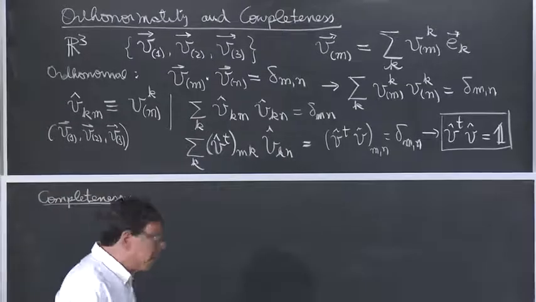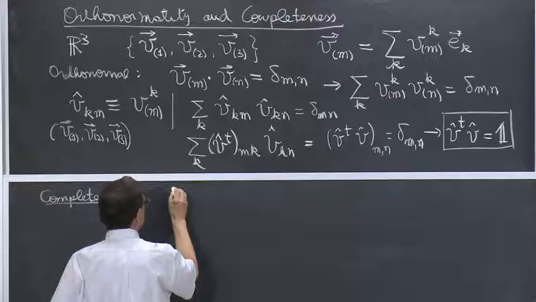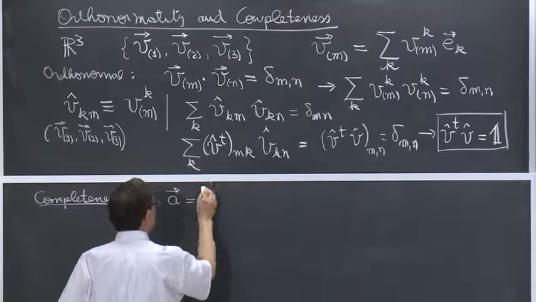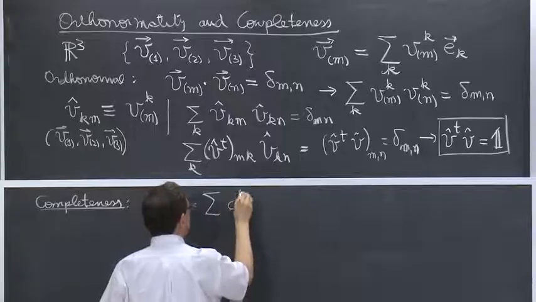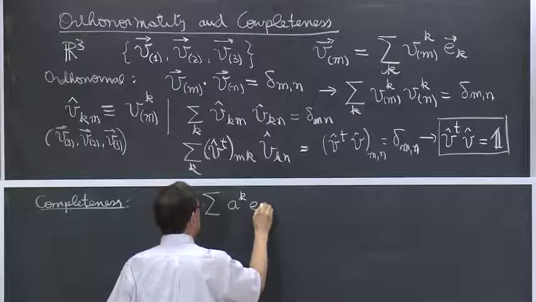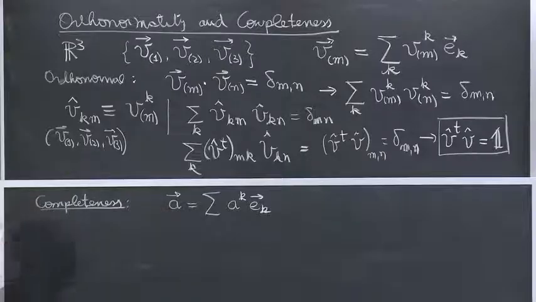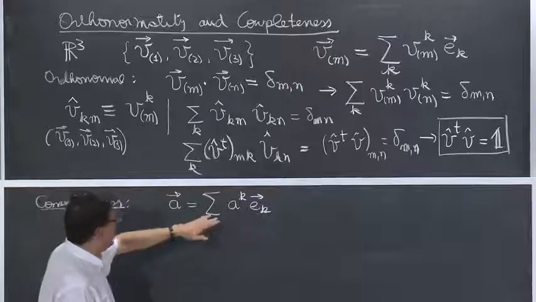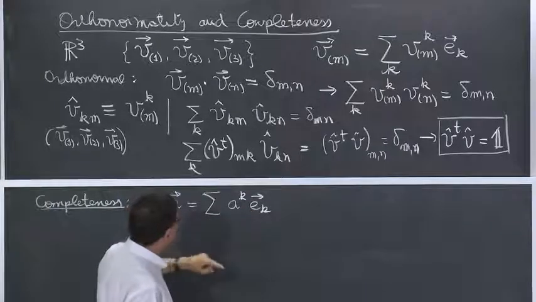So consider a vector A that in general has components AK, EK. This is a normal vector, just an arbitrary vector, and it has your Cartesian components EK like this.